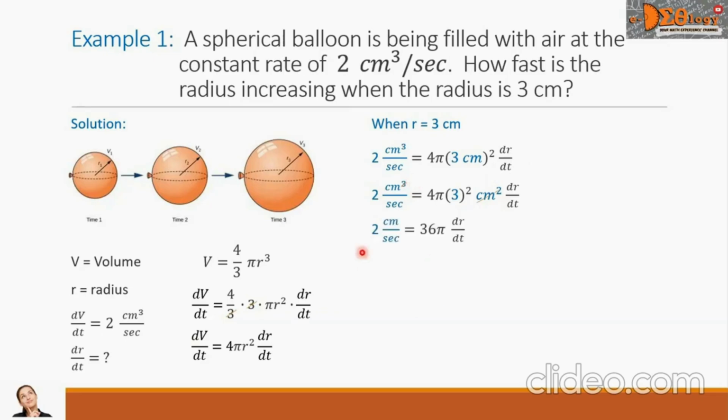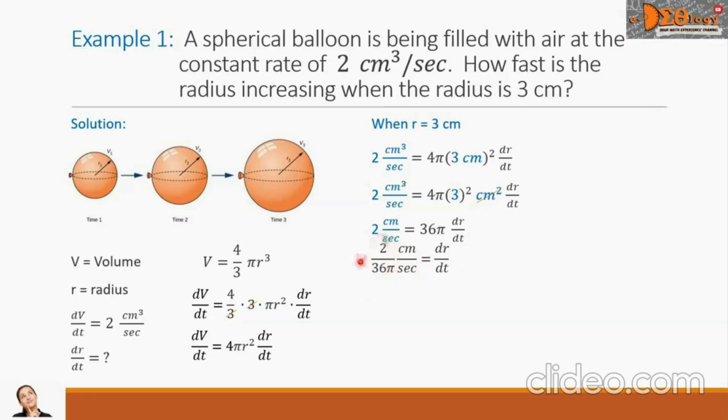So the new formula now is 2 centimeter per second is equal to 36 pi times dr over dt. We want this value dr over dt. Let us divide the equation by 36 pi. So we have now 2 over 36 pi centimeter per second is equal to dr over dt.